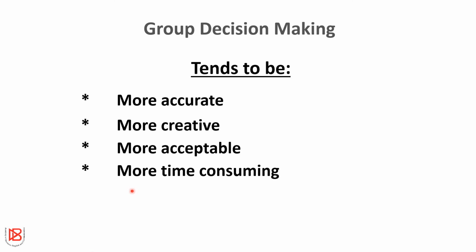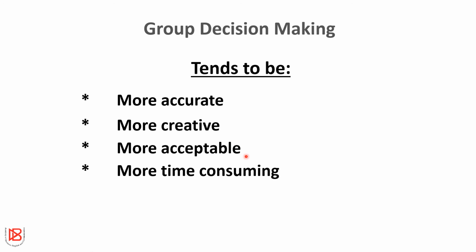So let us understand what tends to happen in a group discussion. One of the positive amplifications of group decision making is that it is more accurate, more creative, more acceptable, and more time consuming. So yes, definitely, many people are putting in their points of view. It is time consuming, but believe me or not, once you arrive at a group decision, it becomes very easy to implement. Why? Because everybody feels like a stakeholder in the decision and they would not let it go down the drain.